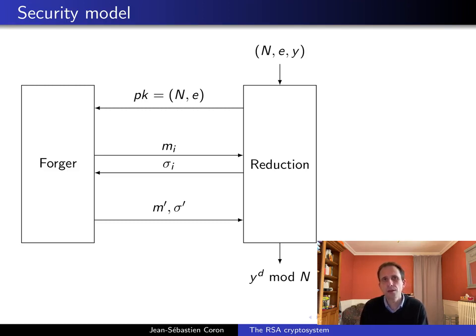Eventually, the forger stops making signature queries, and he outputs a forgery, that is a pair of message M' and signature sigma', where sigma' is the signature of M', and M' has of course never been requested before. It's a new message. Eventually, the reduction is going to use this pair M', sigma' to solve the RSA challenge and to compute, hopefully, y^(1/d) modulo n.